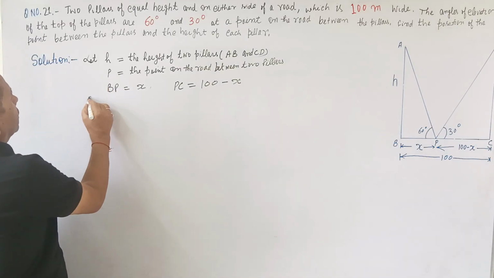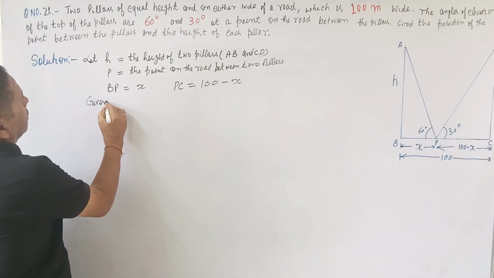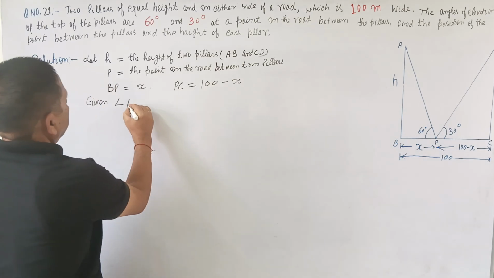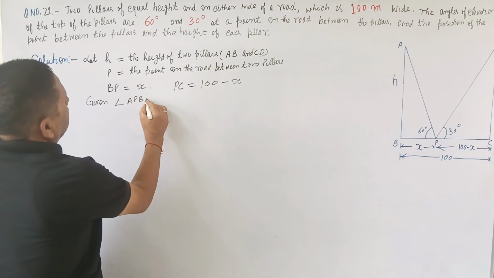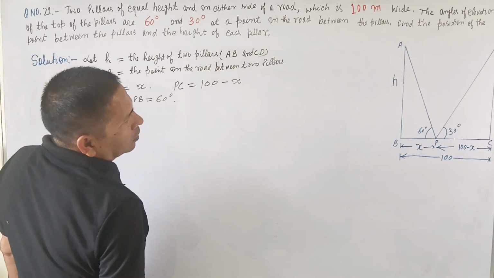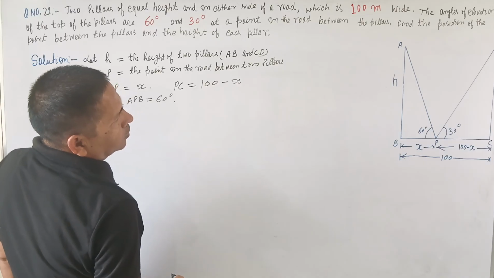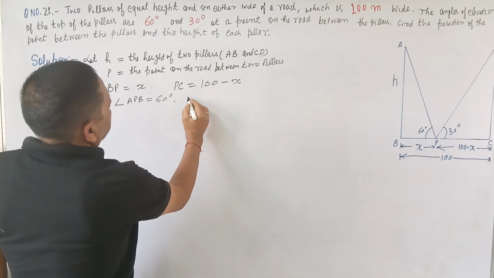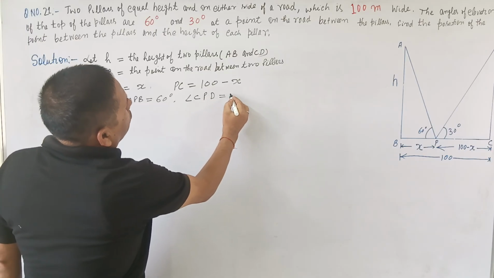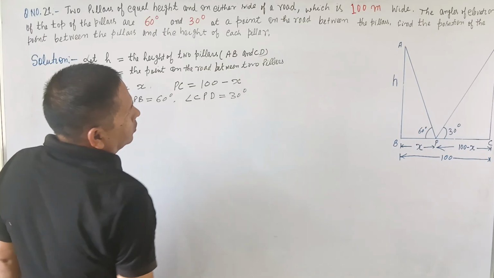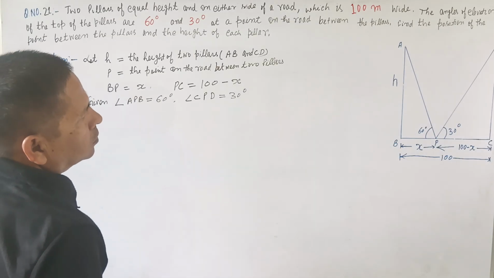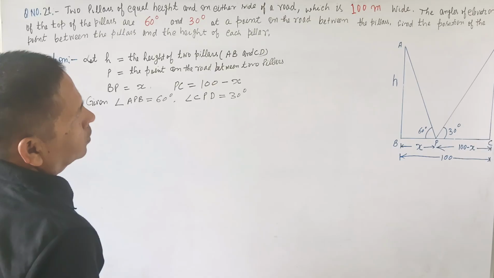Now given, angle APB equals 60°, angle CPD equals 30°.